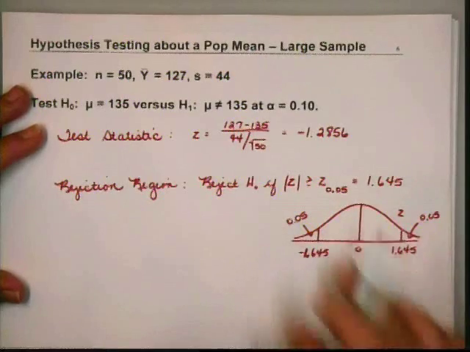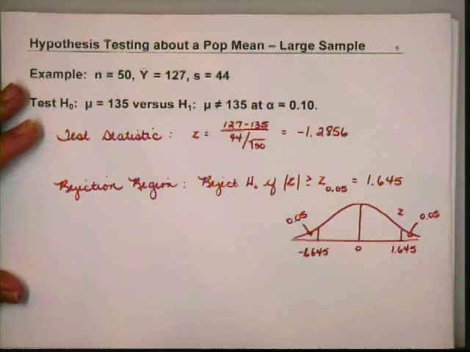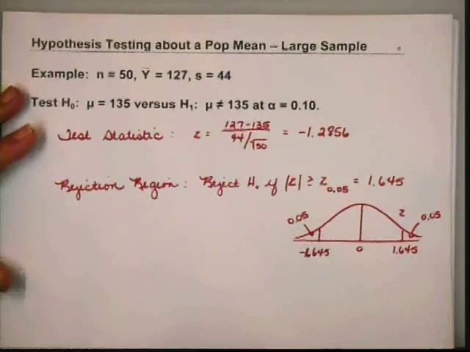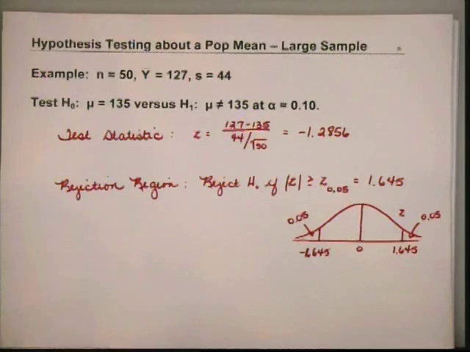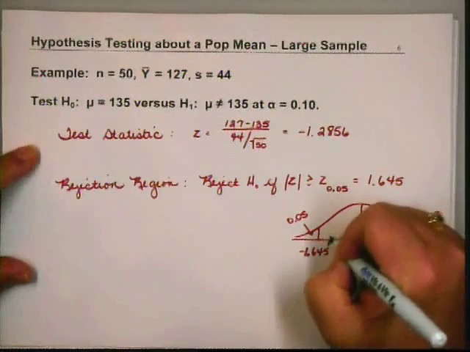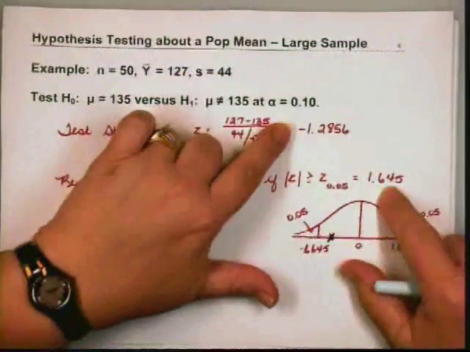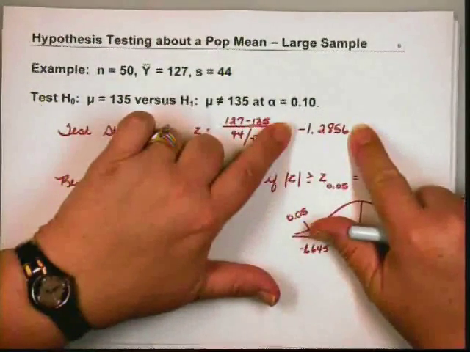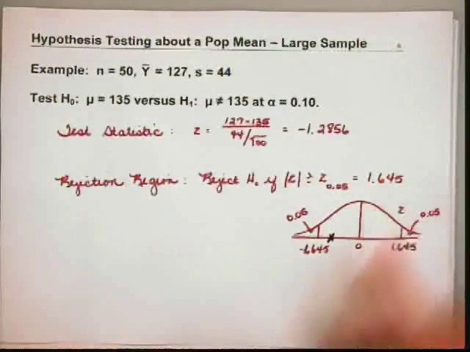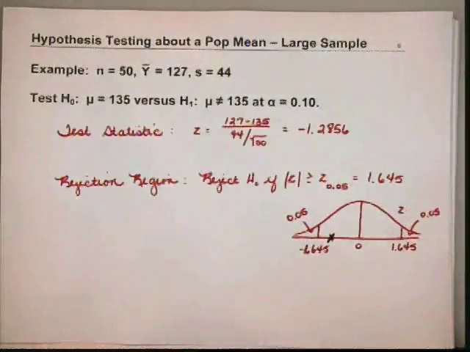So that means it's 0.9 in between. I don't need that so much. Our calculated value is negative 1.28, which would be right about here. Okay? We said we would reject if the absolute value of z were larger than this. Well, the absolute value of negative 1.28 does not exceed 1.645. Agreed? So what would our conclusion be?